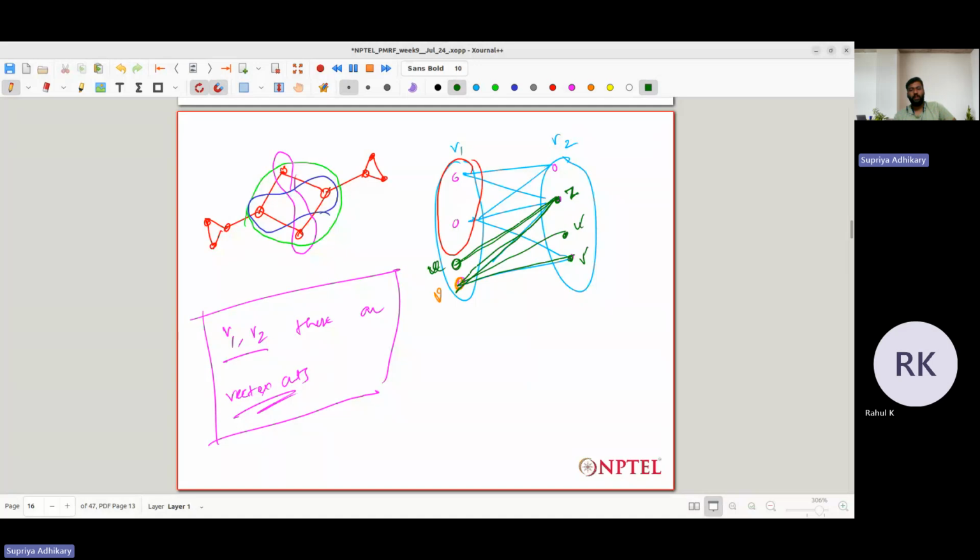So this graph is still connected if we only delete a proper subset of V1. Similarly, if we delete a proper subset of V2, it will still be connected. The only way that we can make this graph disconnected is to delete the complete V1 or the complete V2.